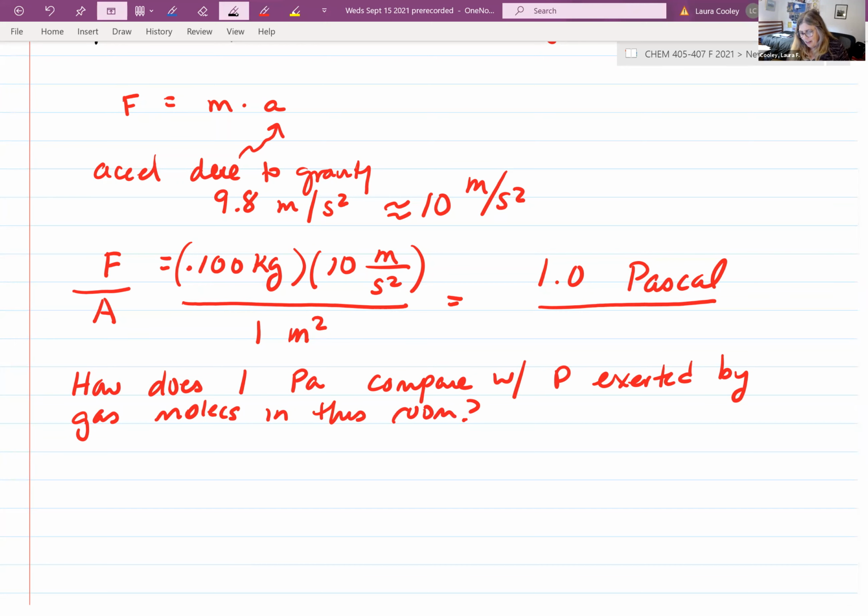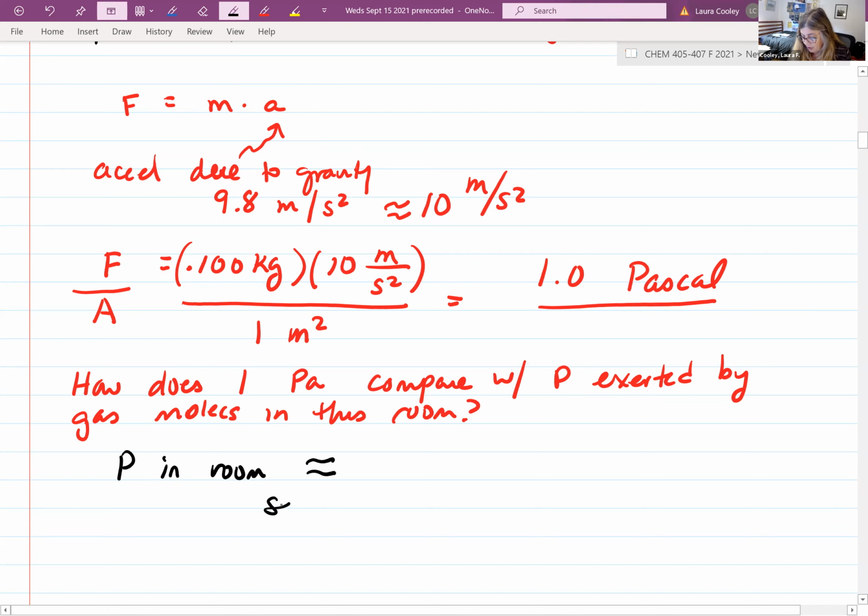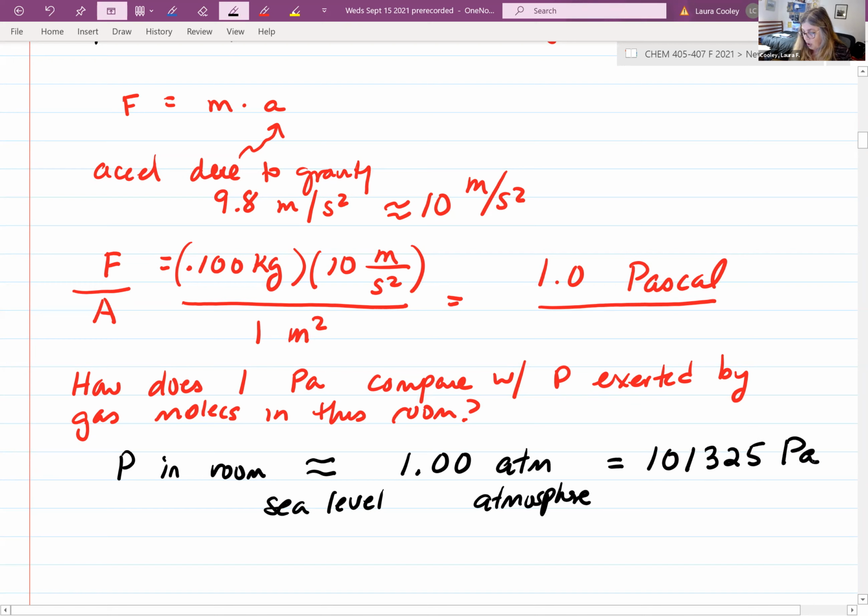Okay, and I always like to give the answer to this question because it seems to me so very counterintuitive and just out there. So the pressure in the room is approximately, at sea level, because we're almost at sea level here, generally about what we call 1 atmosphere. And 1 atmosphere is 101,325 pascals.